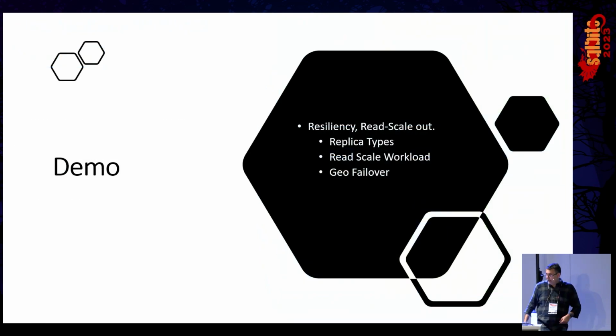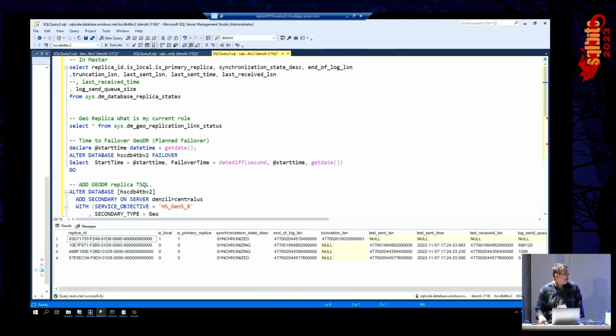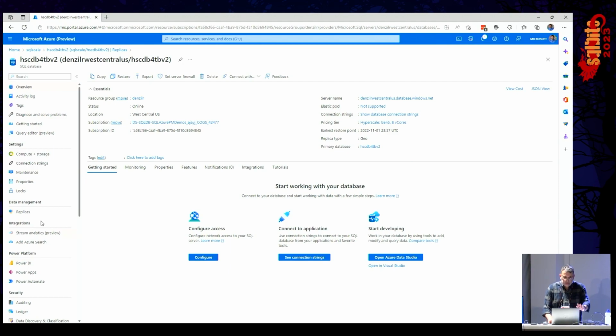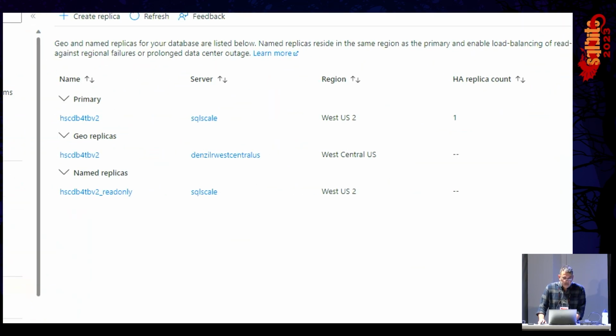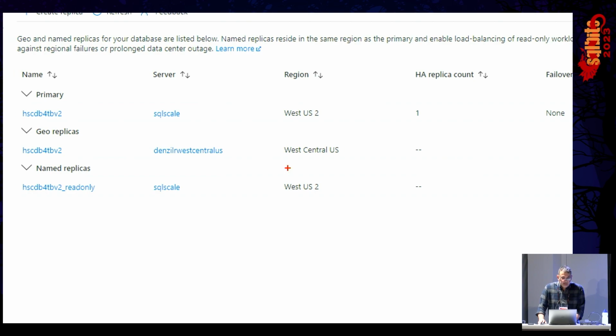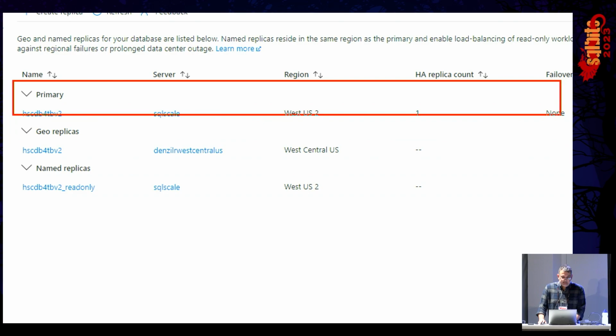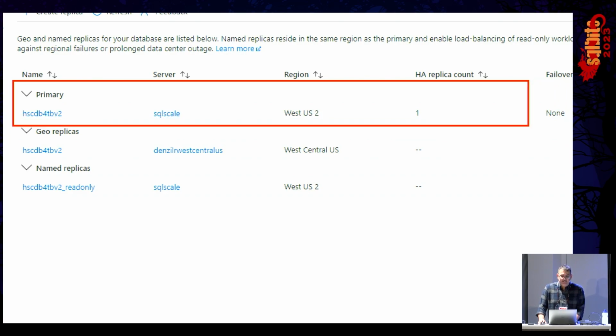Now let's take a look at a demo and how this looks. We have a database here, compute and storage, and we have a couple of replicas. This is the replica topology. There's one primary, which is in West US, and that primary is configured to have an HA replica, which you see there.